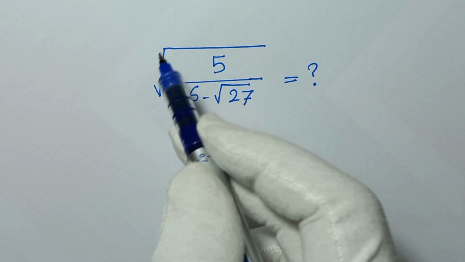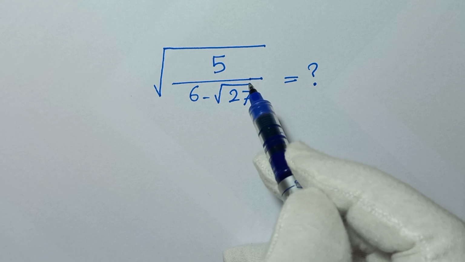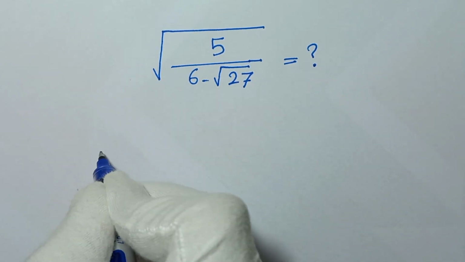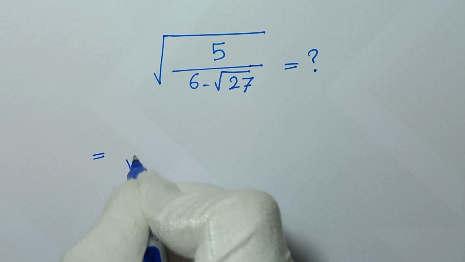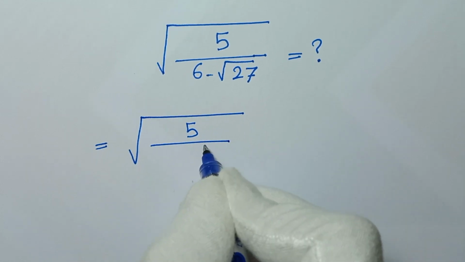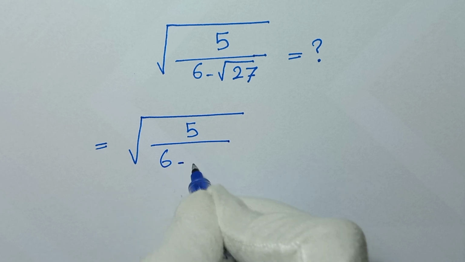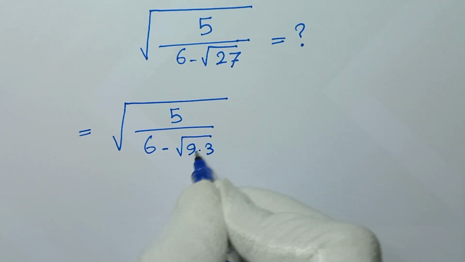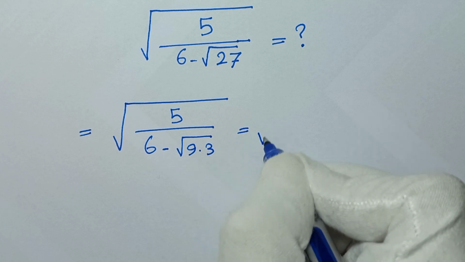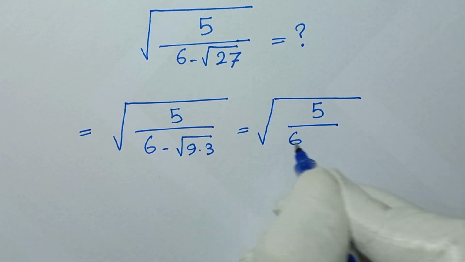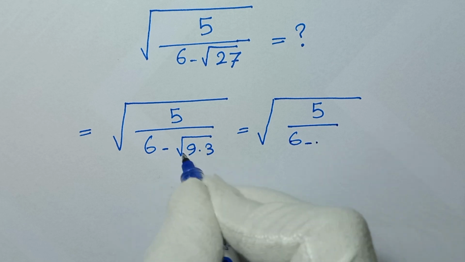To simplify this: square root of 5 over 6 minus square root of 27. In the first step, we write this as square root of 5 over 6 minus square root of 27, and we write 27 as 9 times 3. And this equals square root of 5 over 6 minus square root of 9 times 3.